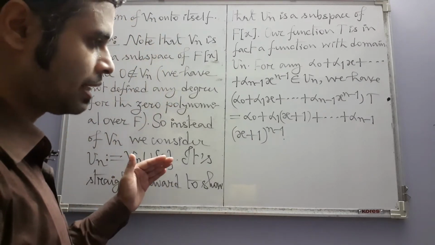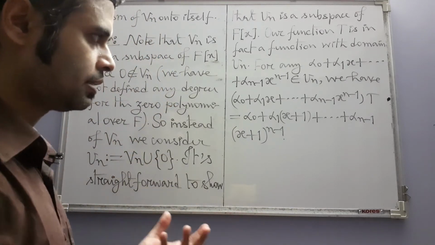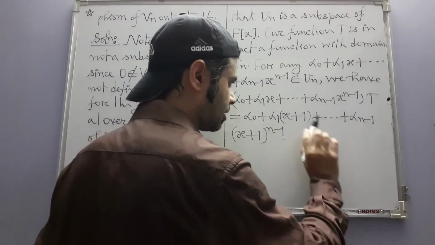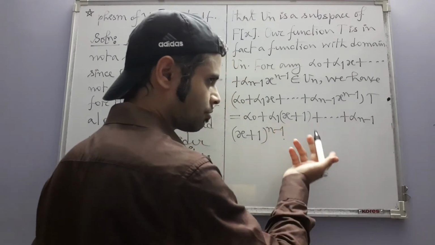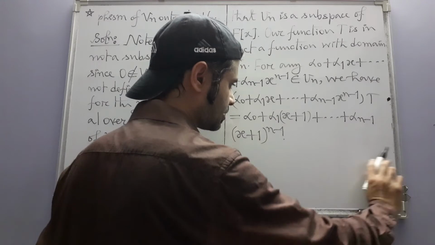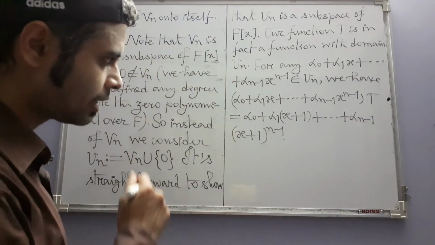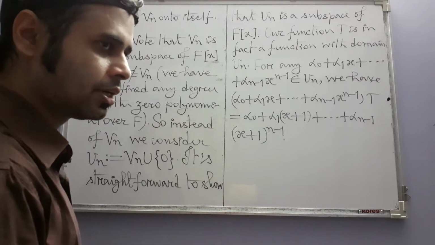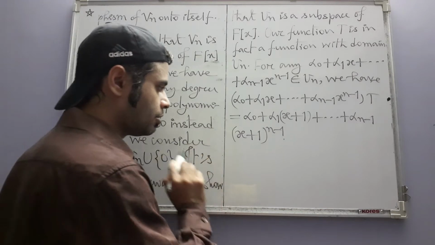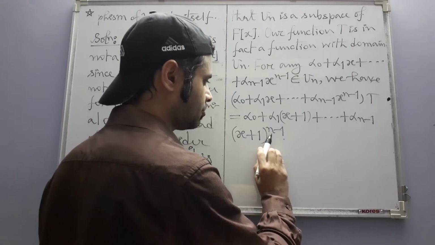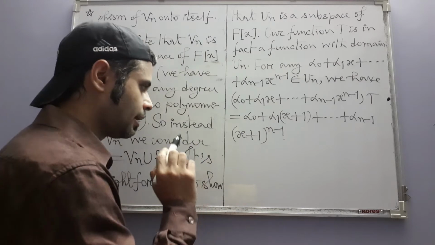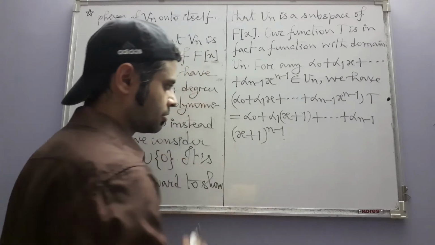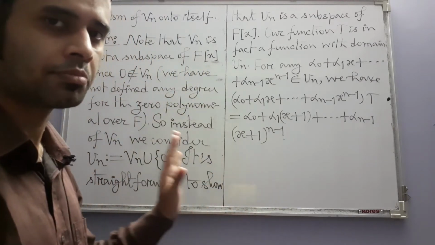In fact, while we were going through ring theory, at one stage I mentioned this also. So, using binomial theorem, we can expand all these powers. This one, of course, needs no expansion. And after expanding and collecting like terms, you can clearly see that it is going to be again a polynomial in x, and that too a polynomial whose degree is at most n minus 1, because the highest degree term, of course, will come from the expansion of this last power of x plus 1.